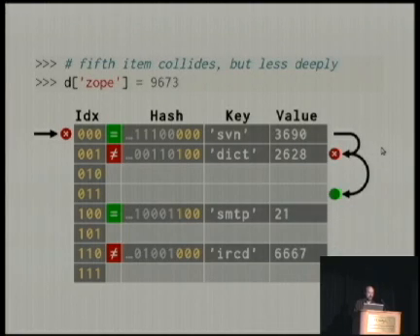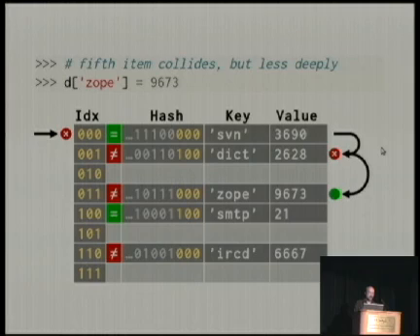If we now, just for fun, add the port number of ZOP in last, it wants to occupy, again, 000, try 001, and because its upper bits are a bit different, its third try is different than IRCD's was. That's why it's so good to use those upper bits to throw a little randomness into that search for a backup location. So it winds up in 011 rather than going down the same path that IRCD did.